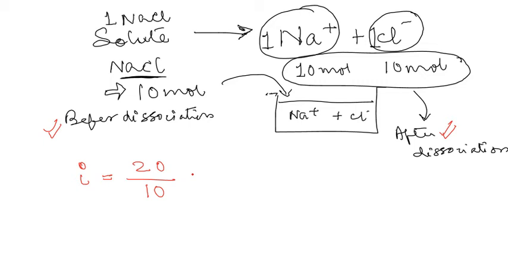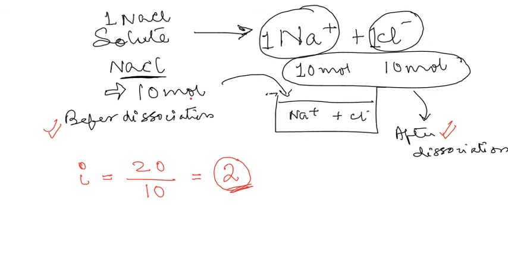If we compare them, we get a number, the ratio. That number technically represents by how many times the number of particles has increased after adding it to the solution.